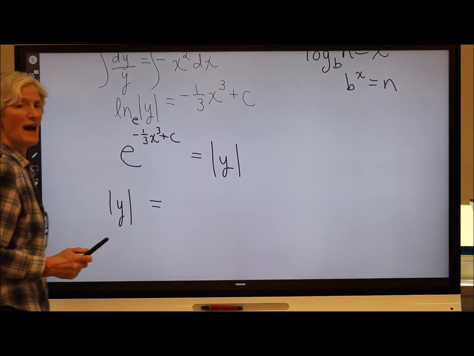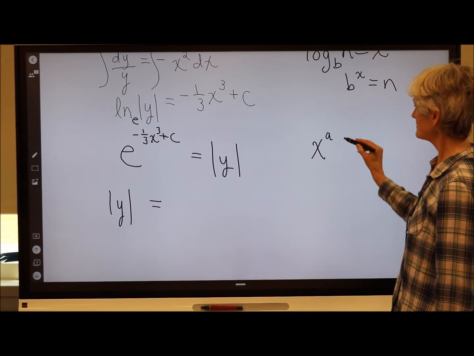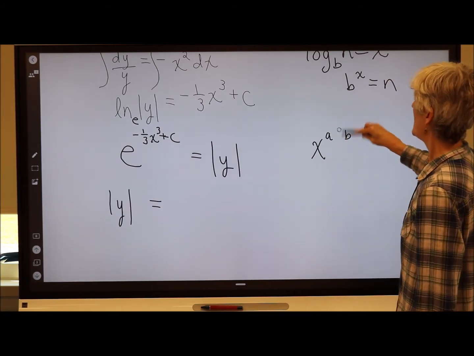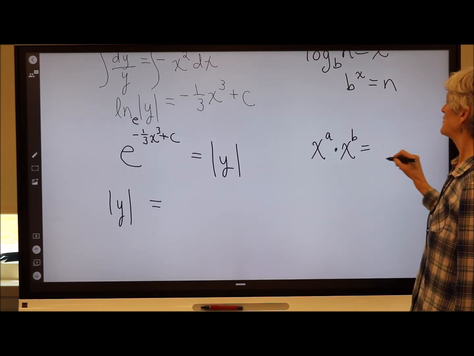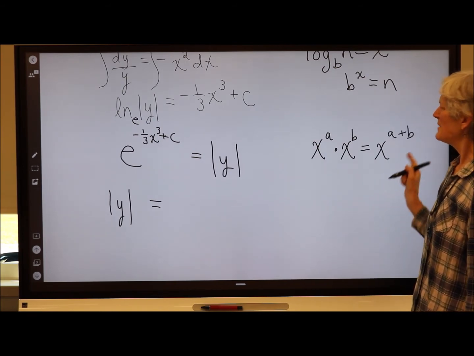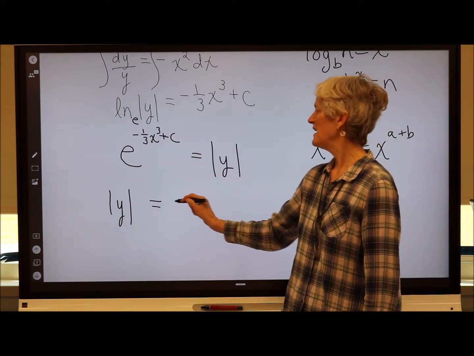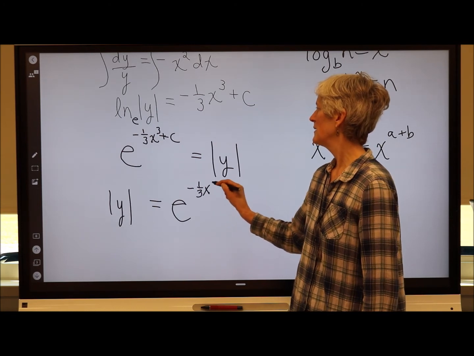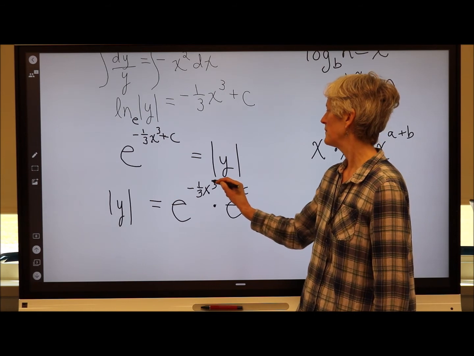You know when you have exponents, if I had x to the a times x to the b, you know that that's really x to the a plus b, right? So I'm going to go backwards, and I'm going to say this is e raised to the something plus something. So I'm going to rewrite that as e to the something times e to the other something.